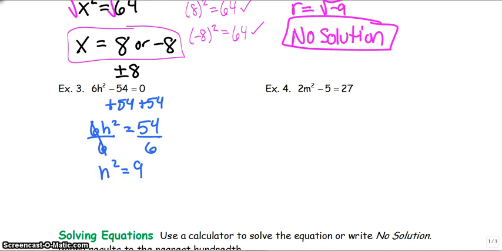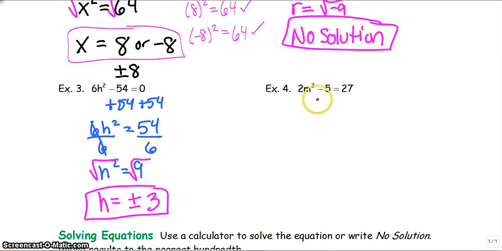Now that I have my variable squared by itself, I can square root both sides. Squared and the square root cancel each other out. H equals the square root of 9, which comes out to be positive and negative 3. In example 4, very similarly, I'm going to add 5 to both sides to get the m squared by itself.